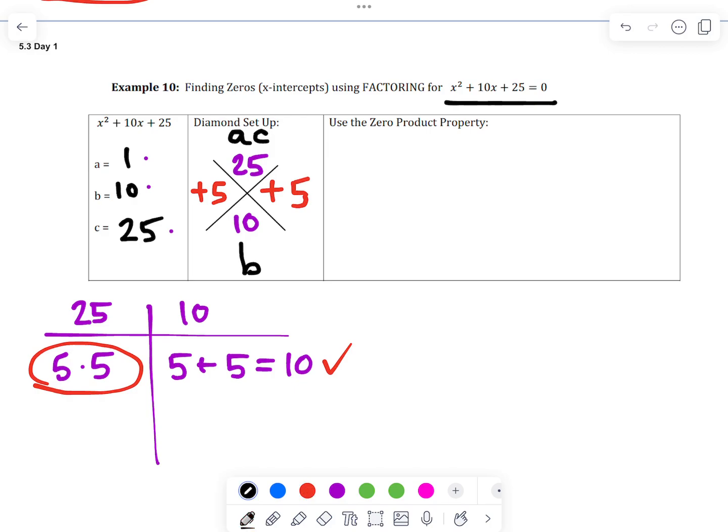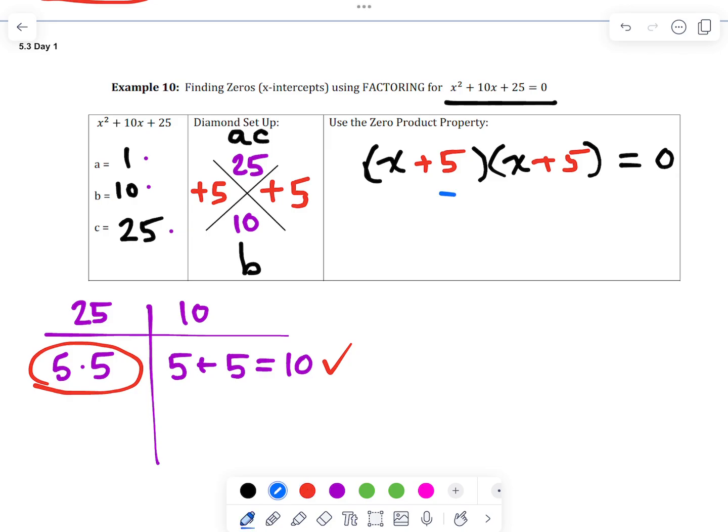So now we write our equation in factored form, binomial and a binomial, x, x. The sides of the diamond will be your numbers. Now we have it in factored form. Now we set the factors, and this time the factors are the same.